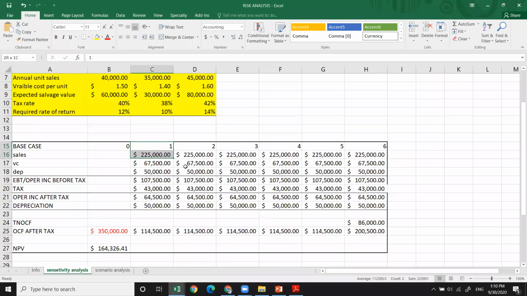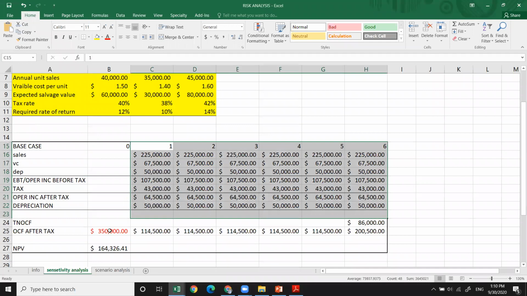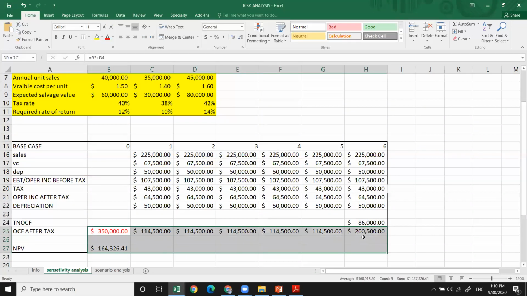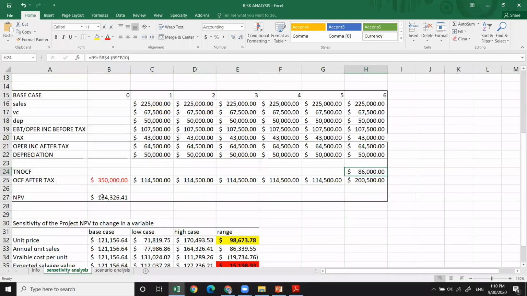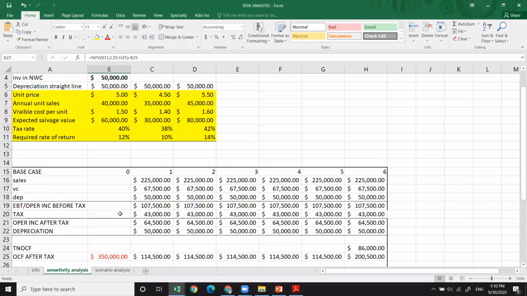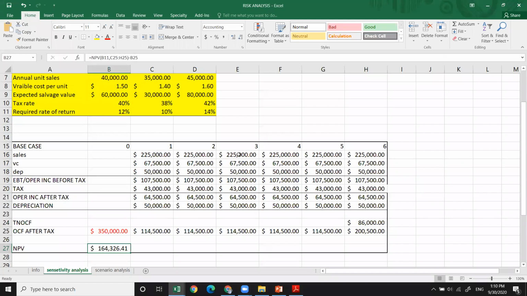We construct it, we get the operating cash flow after tax, we get the terminal operating cash flow, and we calculate the NPV. And this is what we did.